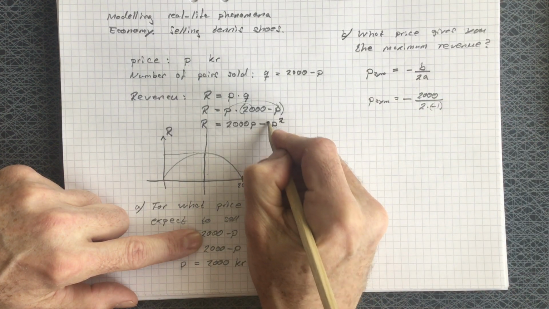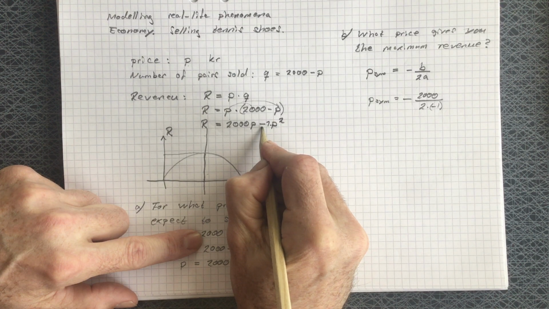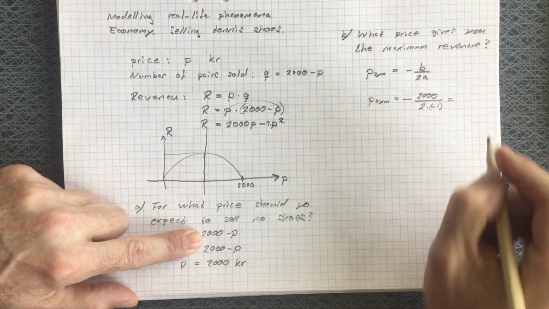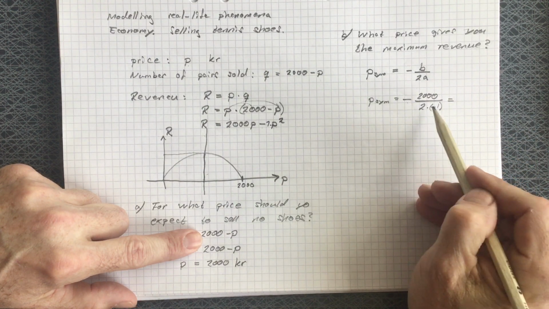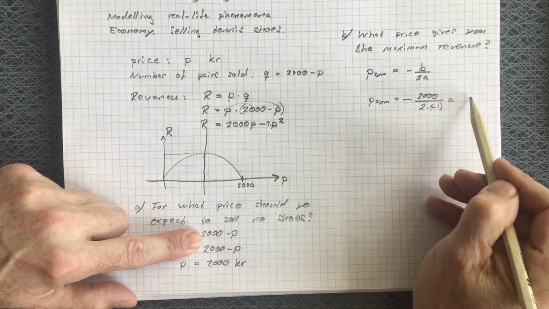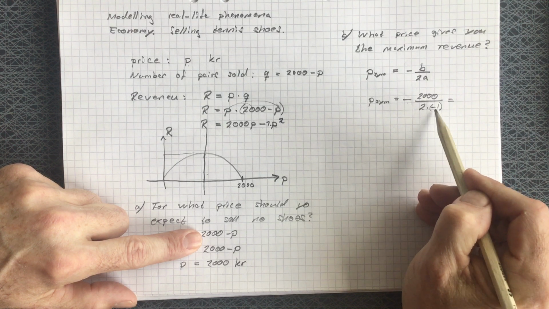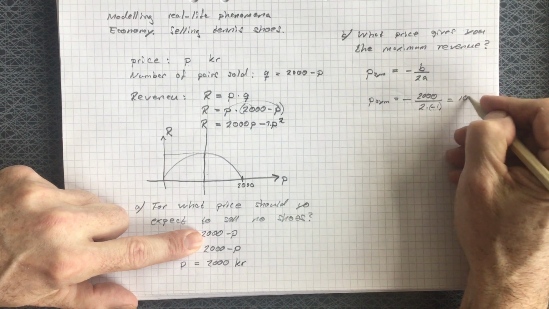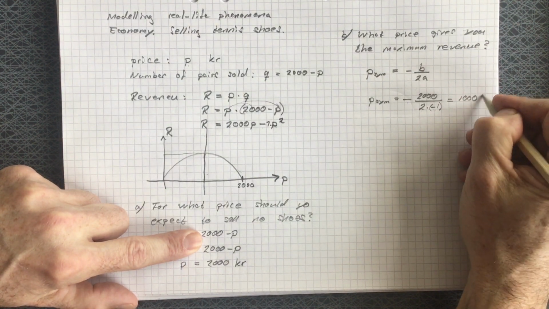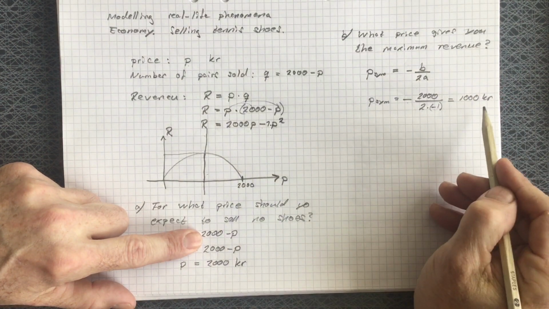It is a 1 here in front of it, and it's negative. So if I calculate this, and you don't need your calculator for doing that, negative and negative cancel each other out, so it has to be positive. You don't have to multiply with 1. So we have 2000 divided by 2. That is 1000 kronor. It's the unit for it.